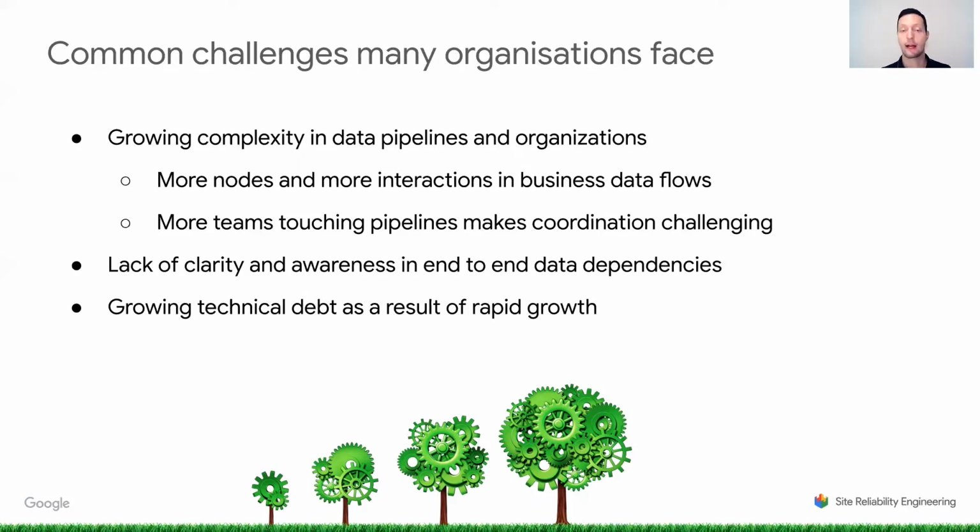It's not an uncommon situation when a startup grows big into a large enterprise. And when it comes to rapid growth, this manifests in an increase in technical debt, which contributes to this problem. It becomes harder to track end-to-end data dependencies and keep them well documented.